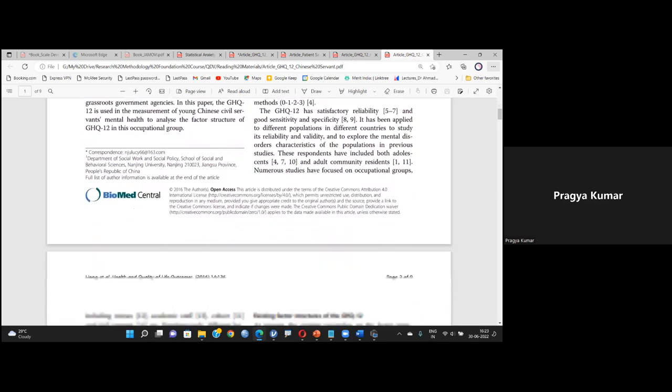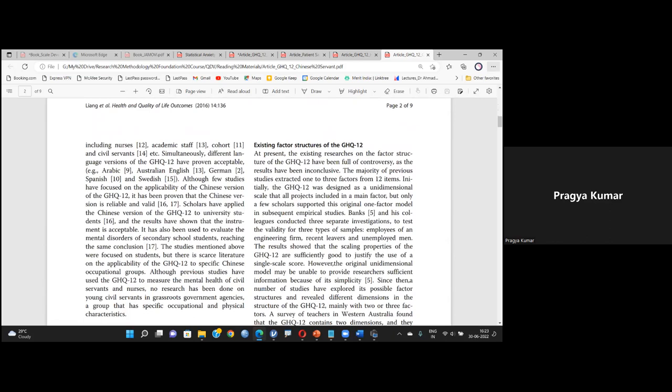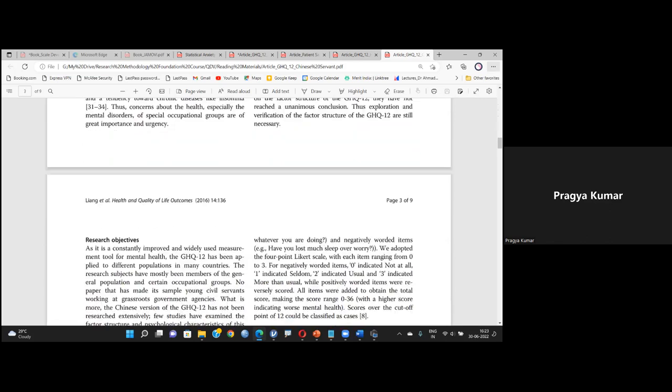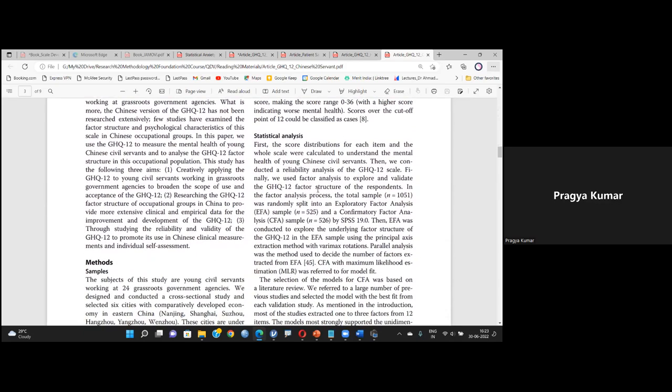Now, their objective was to examine the existing factor structure of GHQ 12. If you see their statistical analysis, I'm just focusing on this part. They conducted a reliability analysis of the GHQ 12 scale.